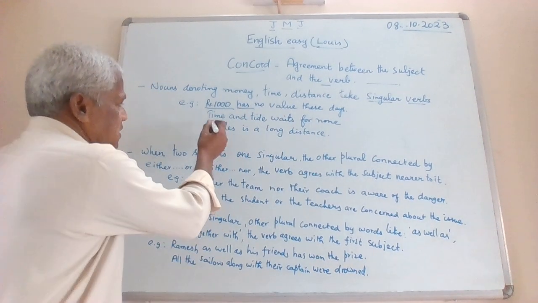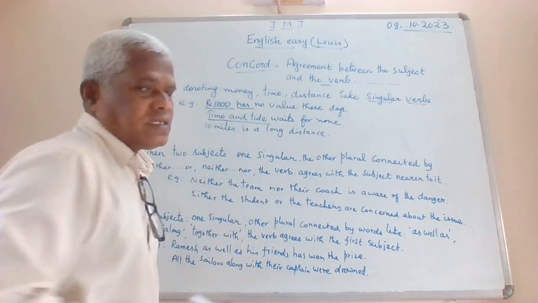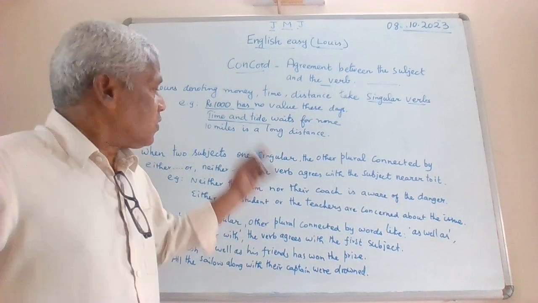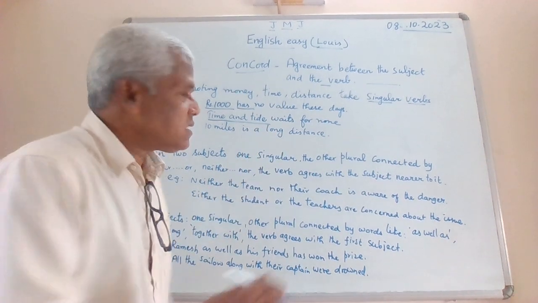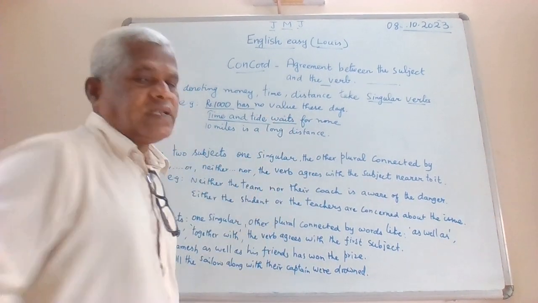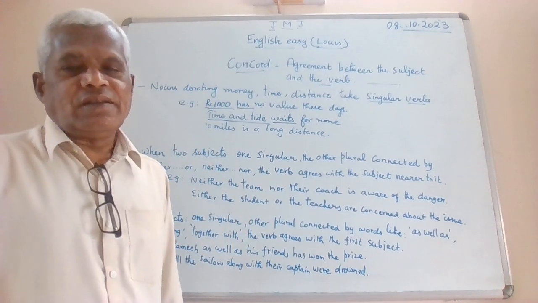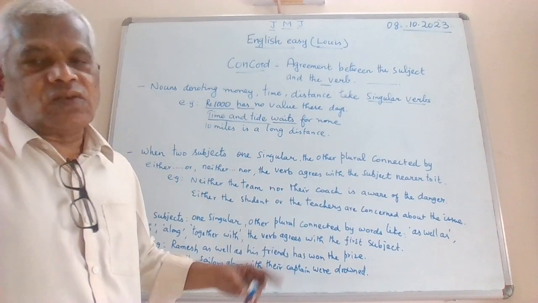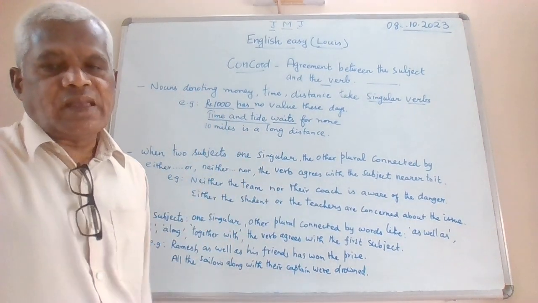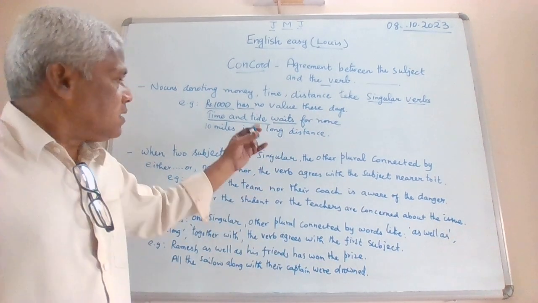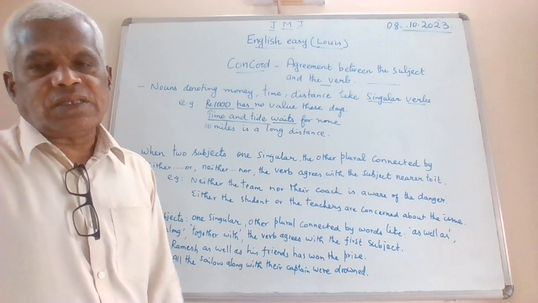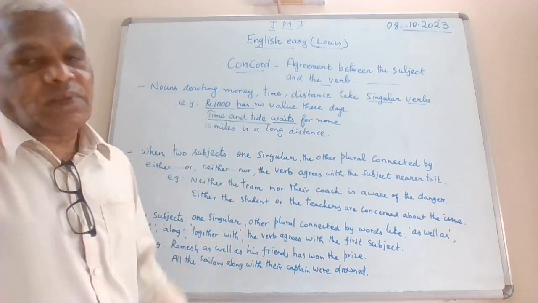See, time and tide. You can take this as one unit here, though they are probably separate there. But the verb is singular, waits. You can't take this as two singulars, two verbs, plural, no.